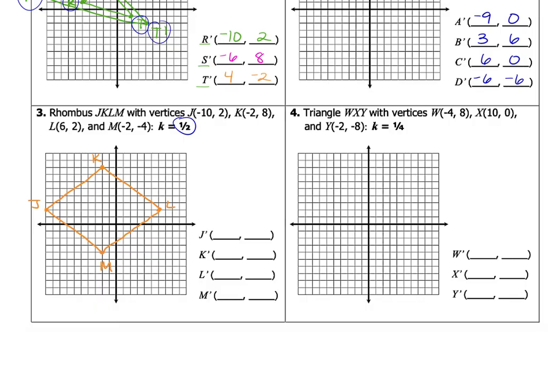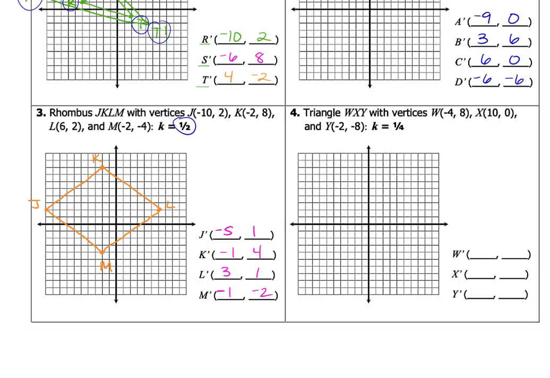I'll be your neighbor. What's J prime? -5, 1. Good job. What's K prime? -1, 4. L prime? 3, 1. And M prime? -1, -2. Okay. So then when you go to plot those, this figure should be fully inside your current figure.